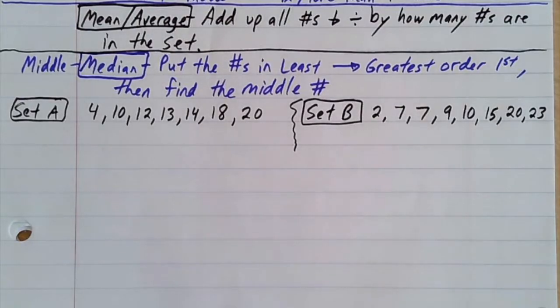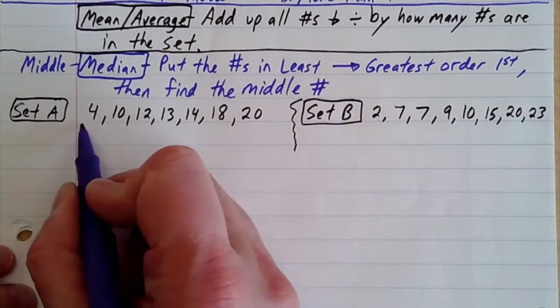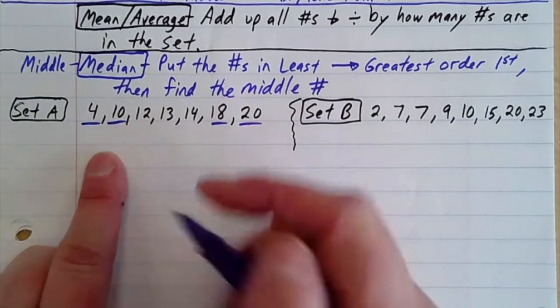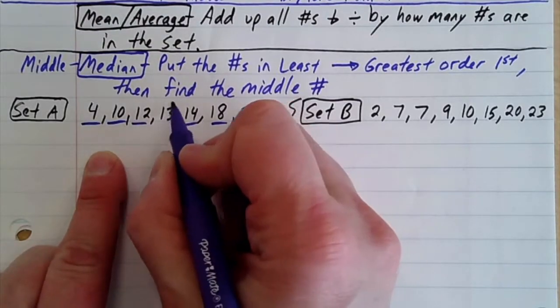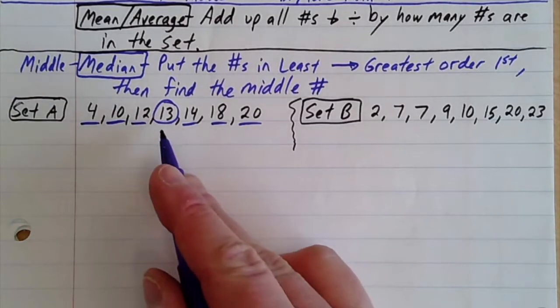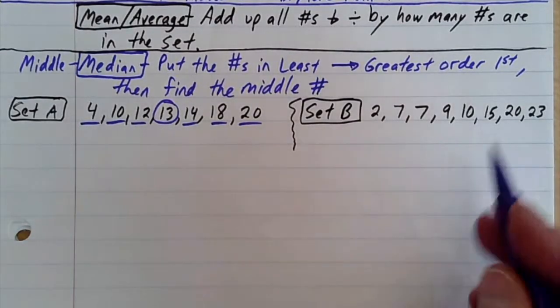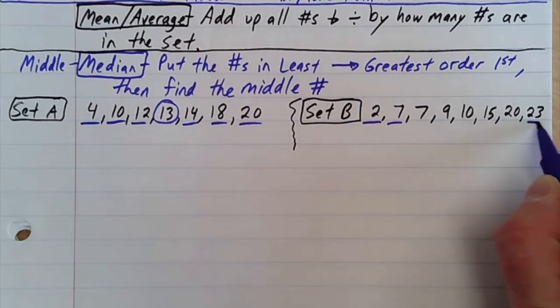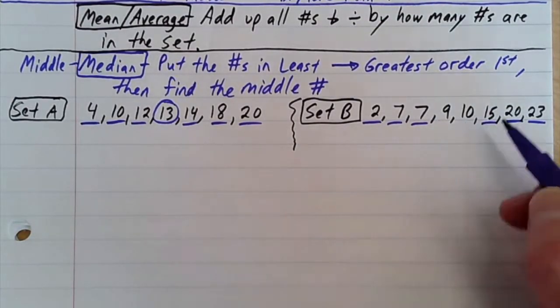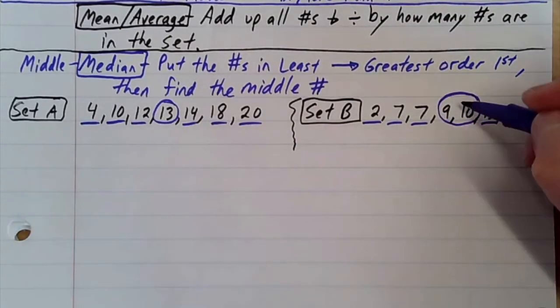So I want to practice finding the median or the middle of each data set. So some people kind of go like 2 over here on the left, 2 over here on the right. So it's kind of like, okay, we're working our way to the middle. 1 over here, 1 over here. So 13 is your median for this data set. So with an odd number, it was easy to find the one in the middle. When you do the same thing over here and you underline 2 here and then 2 there, then you go 1 and 1, and now you're right between 9 and 10. Some people can see what's right in the middle of 9 and 10.